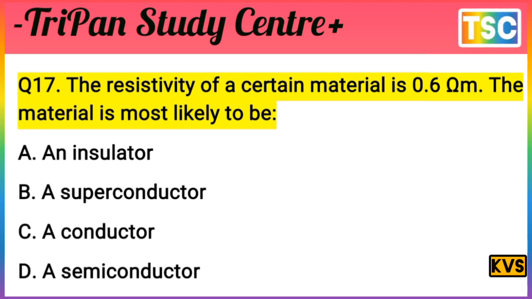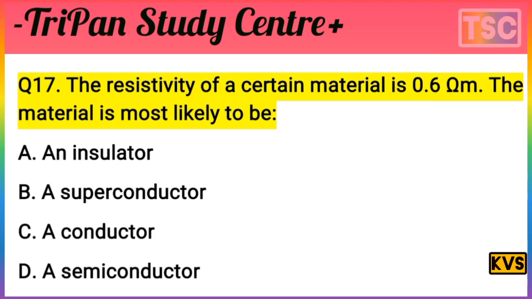B, a superconductor, is not used here, so option B is false. C, conductor, is not the right answer. But D, semiconductor, is the right answer for this question. It means option D is correct.